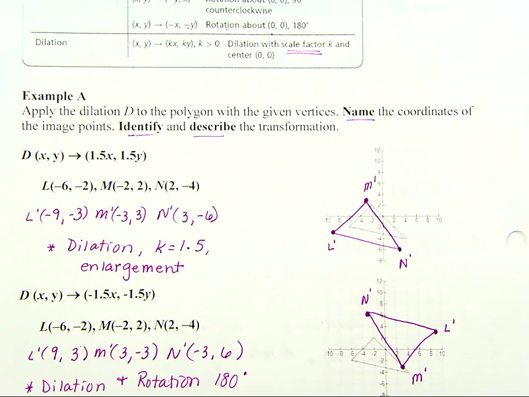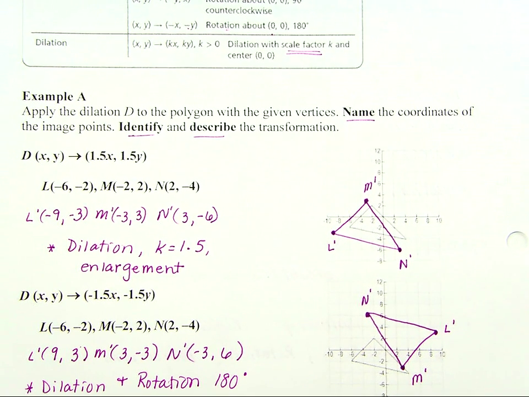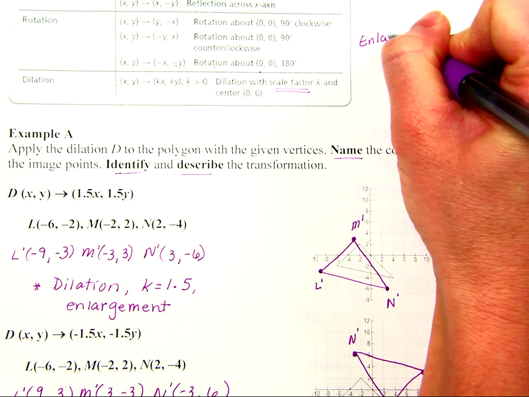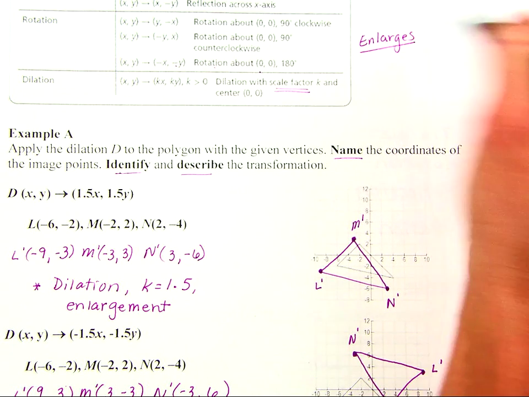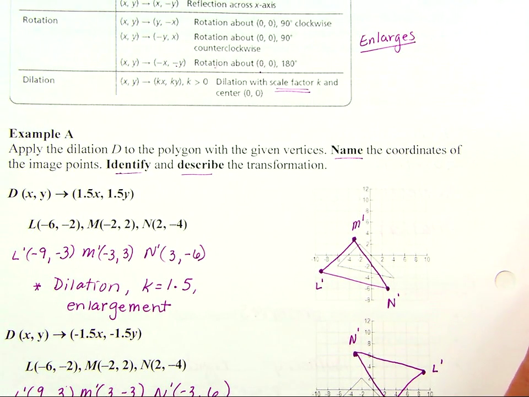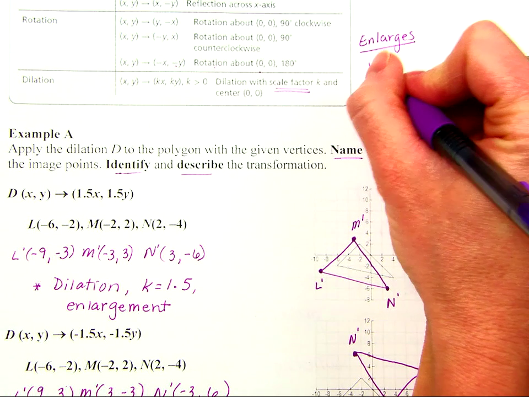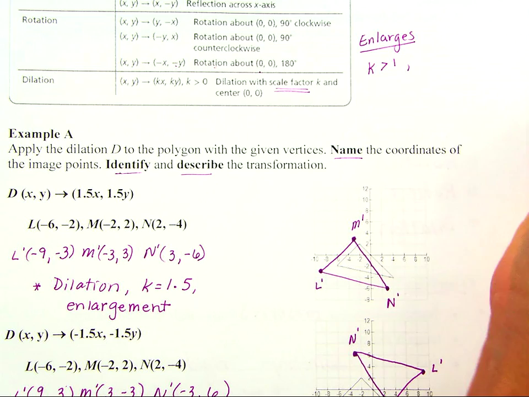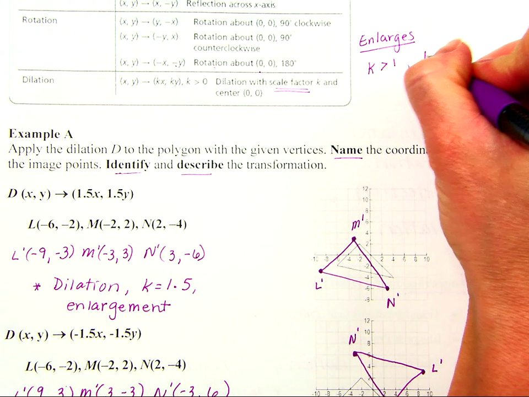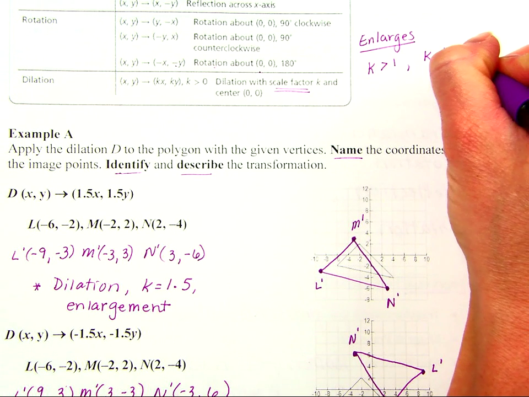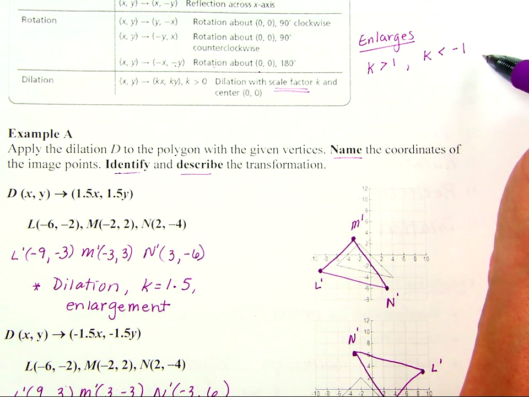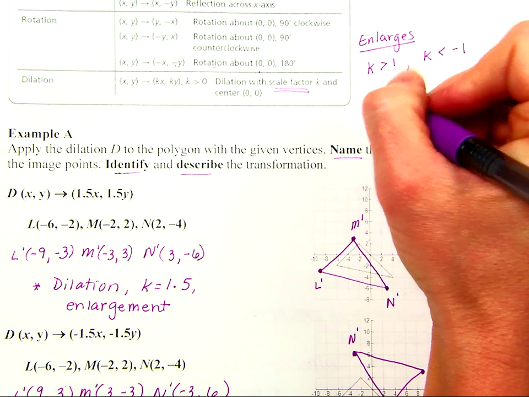We had talked some about this in semester 1, when we have a figure that enlarges, our scale factor is going to be either a number that is greater than 1 or ends up being a number that's less than negative 1, if you want to think about it that way. Because here our negative 1.5 would fall into that category.